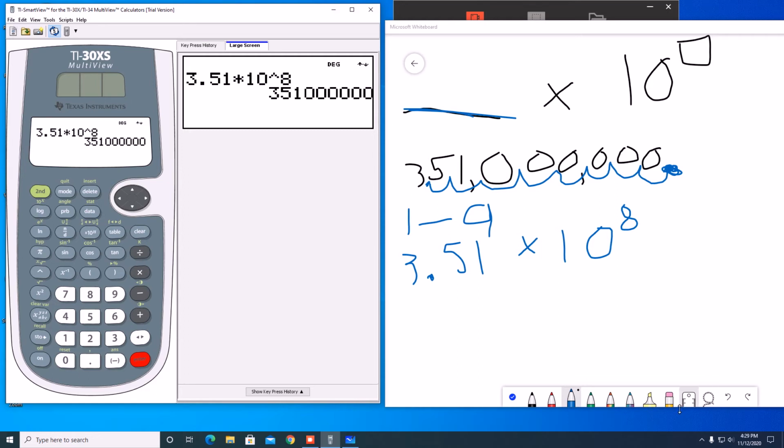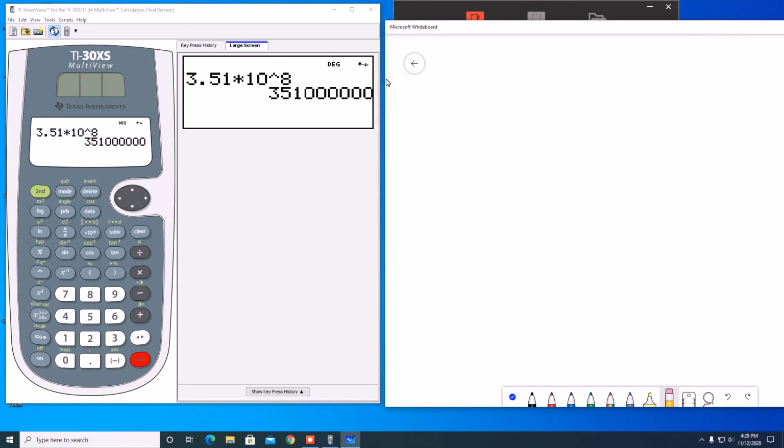Now let's say that we had a small number that we want to put in scientific notation. So let's say we have 0.00002 07, 4 zeros and then 207. And we want to put this in scientific notation. So again, I'm going to count.